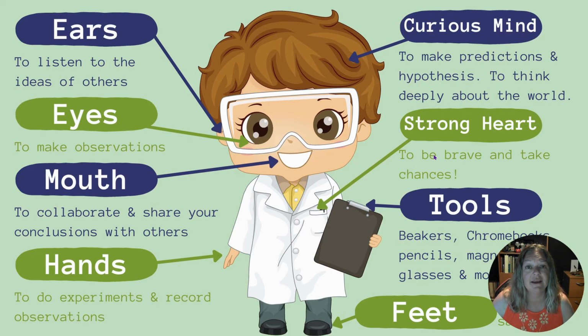The design thinking and the computational thinking and the creative thinking all tie in to be parts, in my mind, of a scientist. A colleague shared this really cute graphic with me that she had on paper, and I did a digital version because I really liked the way that it laid out the pieces of being a scientist, and lots of the things that I've talked about regarding computational thinking and design thinking are encompassed in these parts of a scientist too.